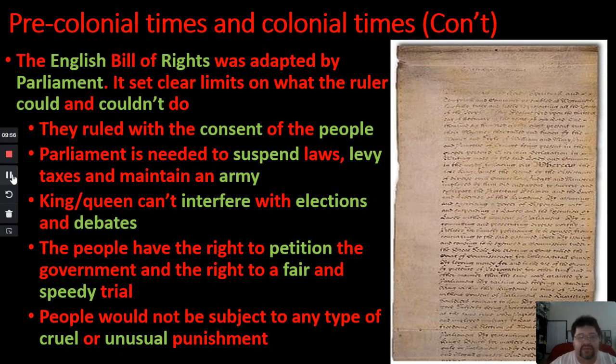Okay. Parliament, the Congress, is needed to suspend laws, taxes, and maintain an army. So now Congress has more of that power. The Parliament, which is again the name for Congress, controls that, and not the king. That's a big one.